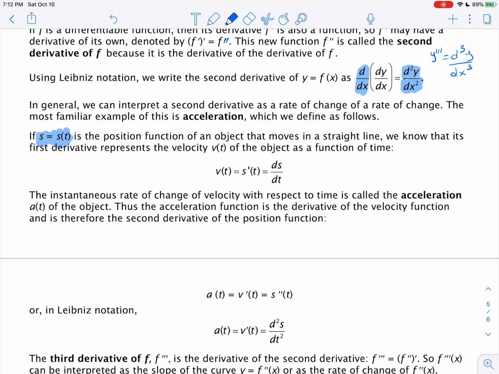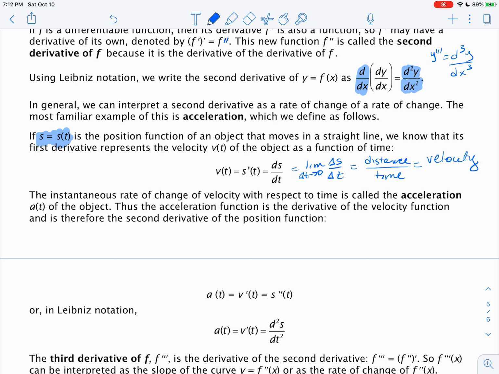So our derivative, which would be the derivative of the position function, is going to be ds dt, and that is the limit of the change in s over the change in time as the change in time goes to 0. And that's going to give us a displacement. That's going to be a distance over time, and so you can see that that's going to give us a velocity.